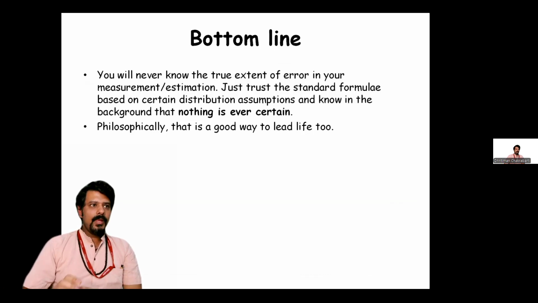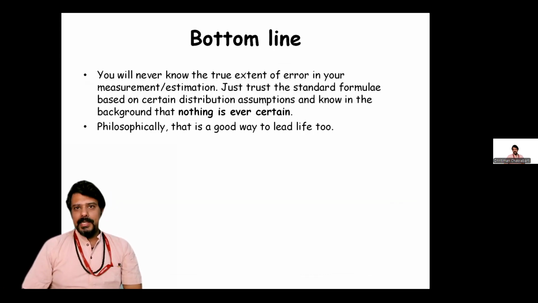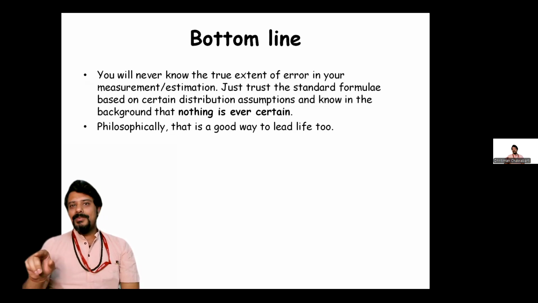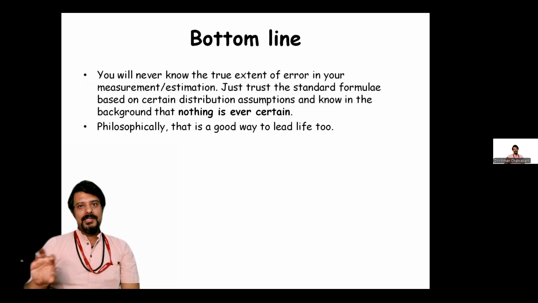Now, the bottom line of this entire exercise was that you basically have to get used to the fact that nothing you ever research is ever going to be 100% certain. You are never going to be certain because you do not know what the total population itself is. Even if you knew what the total population was at that point of time, in subsequent periods of time that population is likely to change, and your results may not be 100% applicable to future populations also.